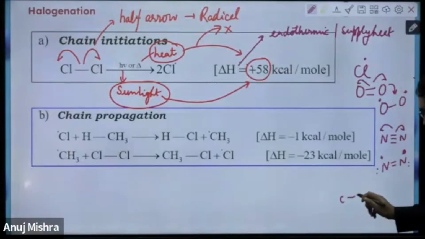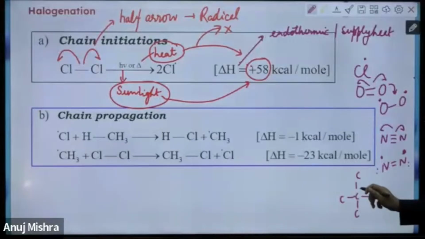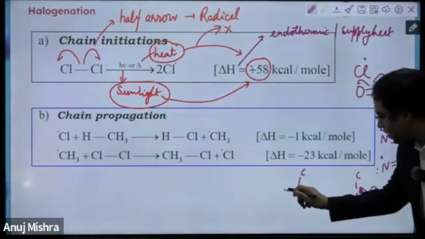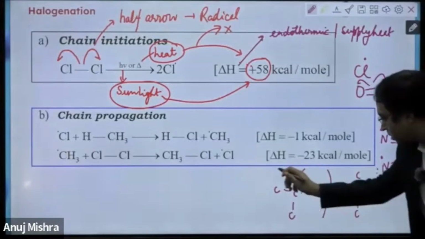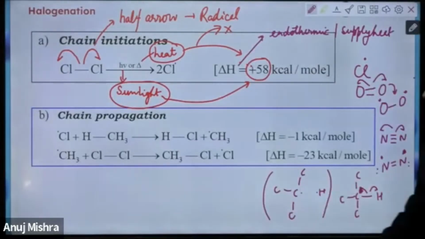How will this break? Sorry, this is a half arrow, so how will you show it? C, C, C and H radical. Right? How will this break?